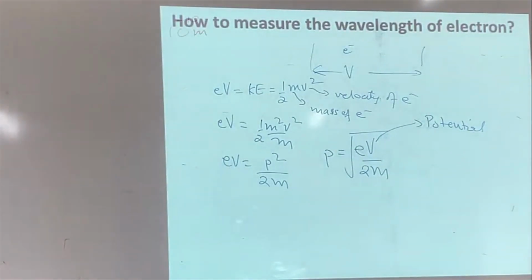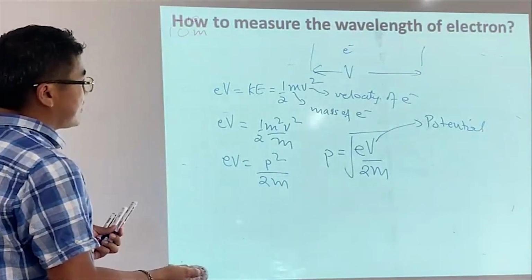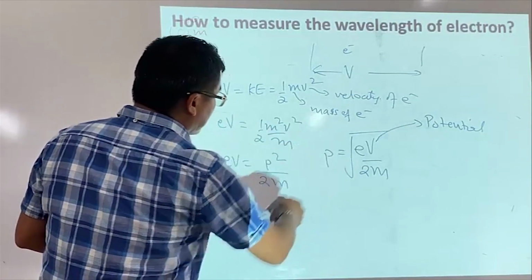So now V is the potential. The kinetic energy is eV, and the momentum is this much.